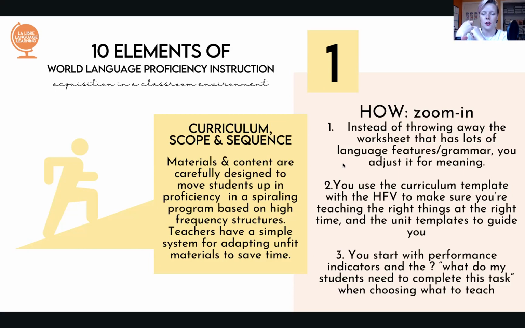We're transitioning, you're starting with performance indicators based off of those two standard groups. And you're using those performance indicators to say, okay, I know that my level 3s need to be able to describe in detail something that happened to a friend yesterday.